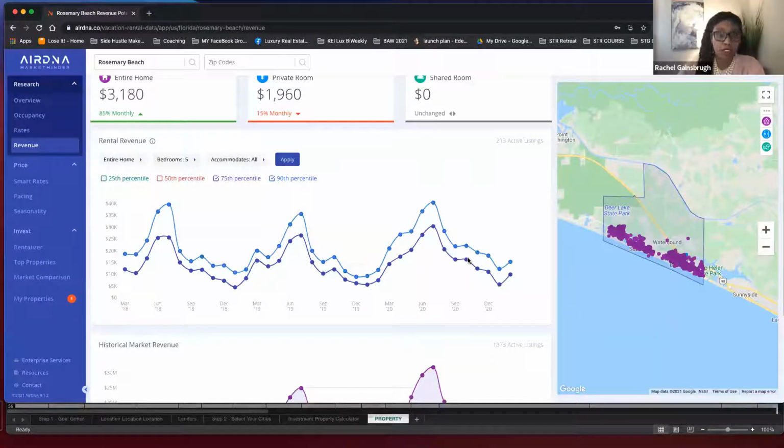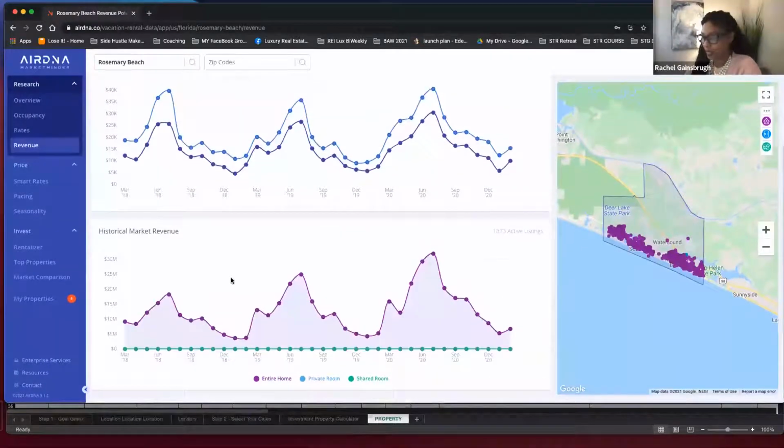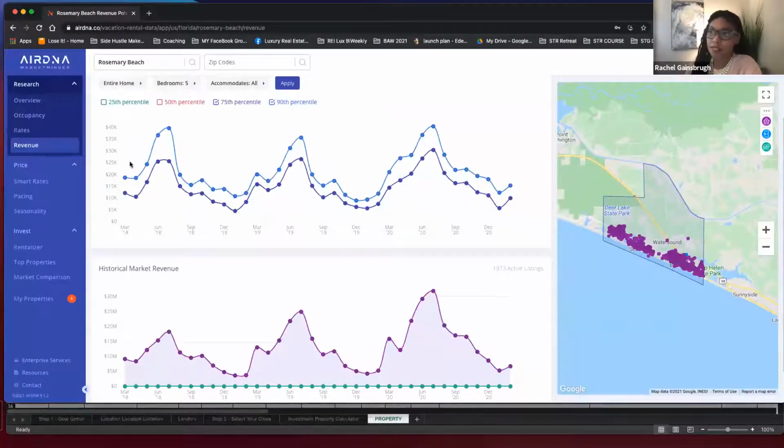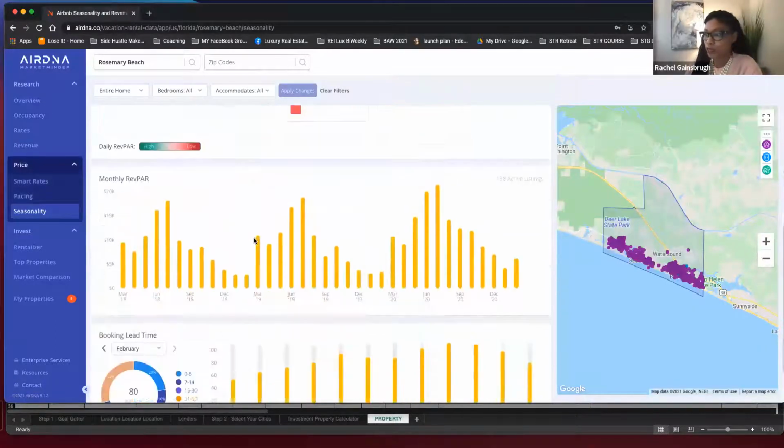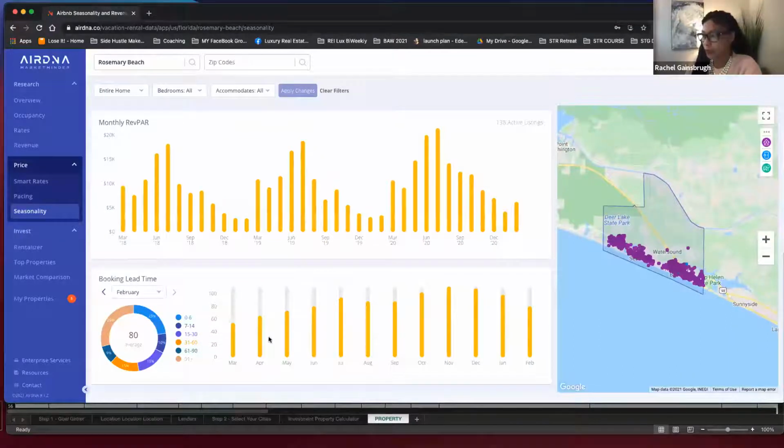So also another thing I look at is the lead time. I'll show you real quick in the seasonality. So the lead time for June, if someone wants the property in June, they're booking it about 3 months in advance.